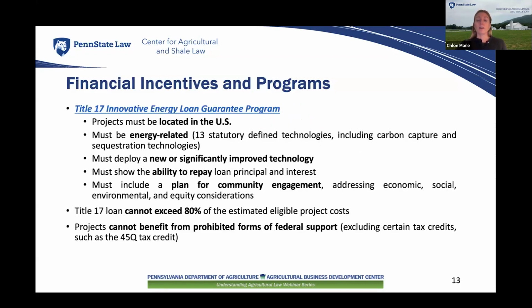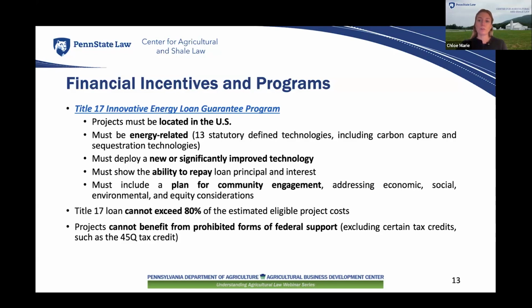Then under the Title 17 Innovative Energy Loan Guarantee Program, the U.S. Department of Energy Loan Programs Office provides up to $8.5 billion in loan guarantees to support large-scale carbon capture, utilization, and storage projects.